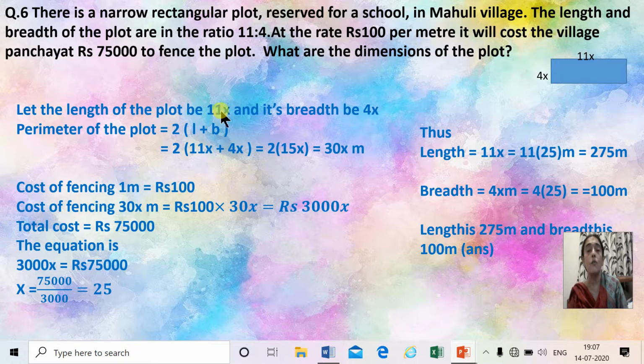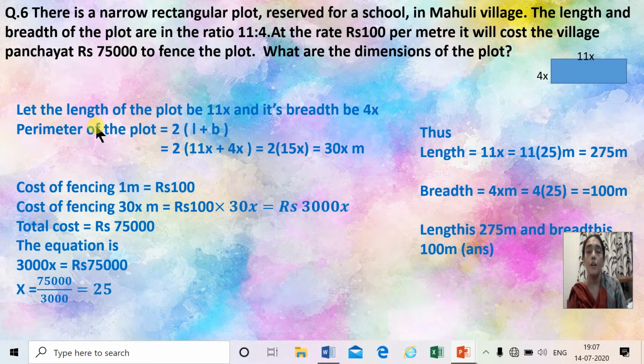Now, we put the value of x in it. So instead of x, I write 11 into 25, which is equal to 275 meters. And breadth is equal to 4x meters, which is equal to 4 into 25, and that is equal to 100 meters. So length is 275 meters and breadth is 100 meters.